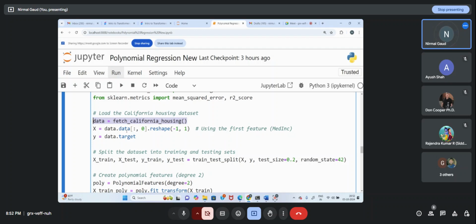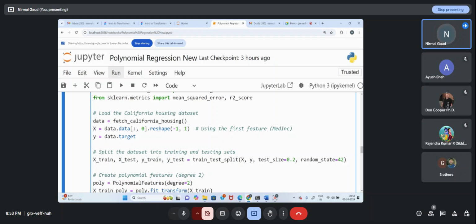And then I am taking a feature X from it, using the first feature, that is MedInc, something like that. I am taking all the values of feature number 1.